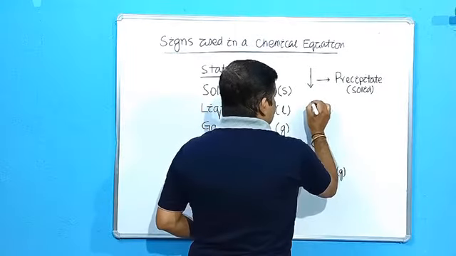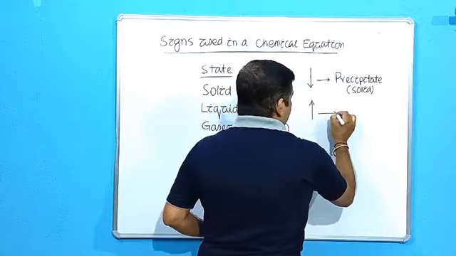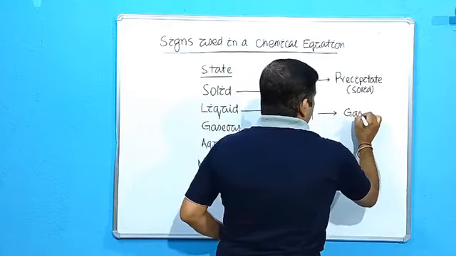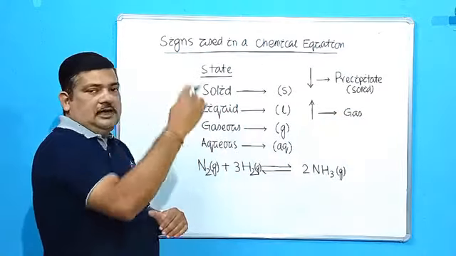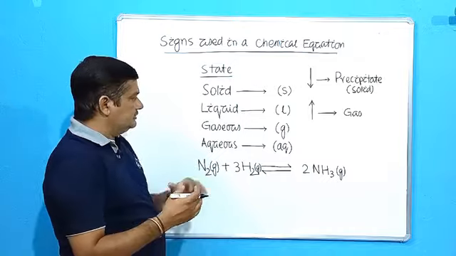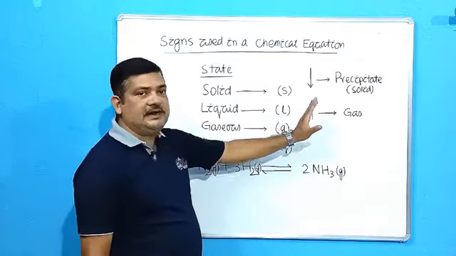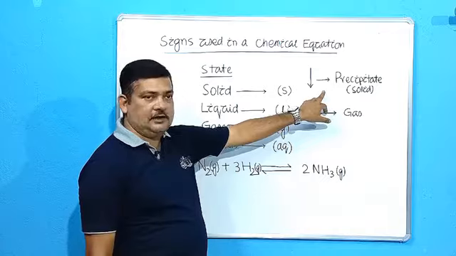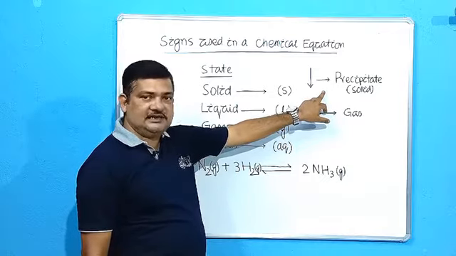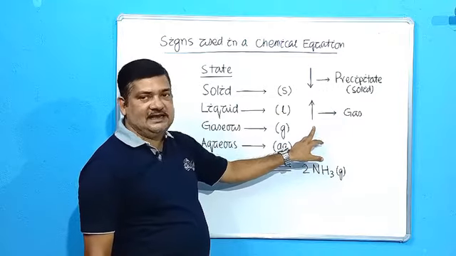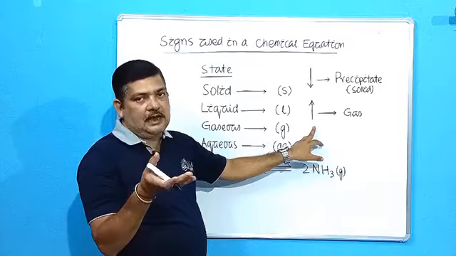Similarly, when there is an upward arrow, a gas has been formed which will escape away.